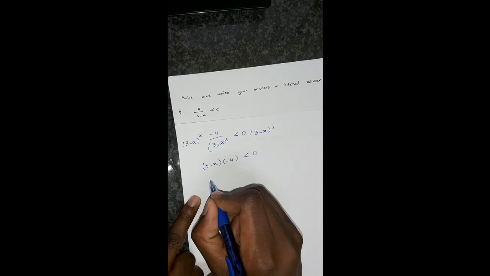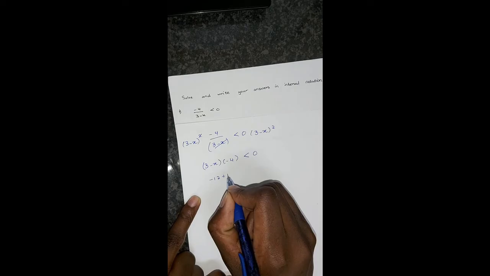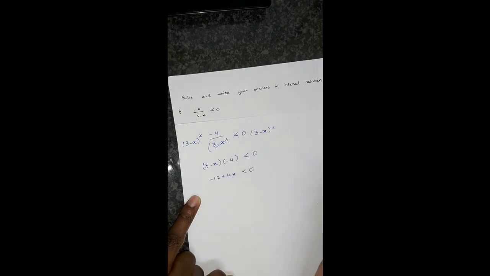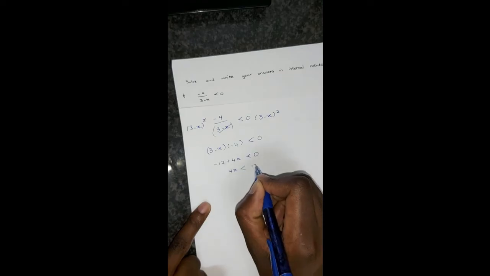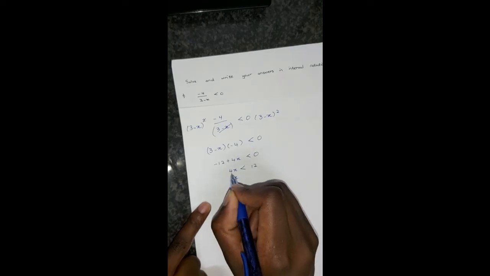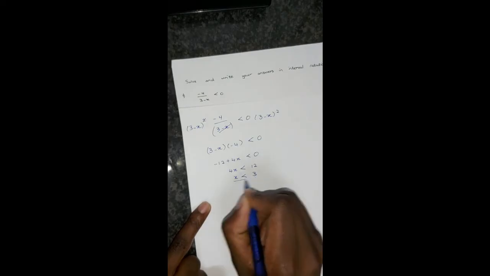So that becomes -12 plus 4x being less than 0, and then 4x being less than 12, and so we divide throughout by 4, and x is less than 3.